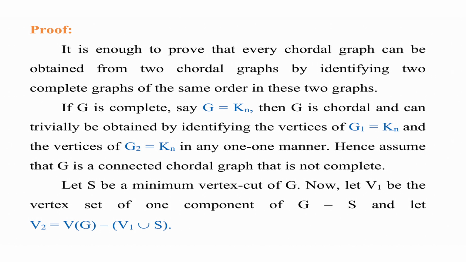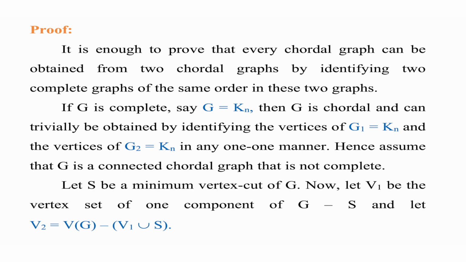If G is complete, let me say that is Kn, then G is chordal, since every complete graph is a chordal graph and can trivially be obtained by identifying the vertices of G1, that is equal to Kn, and the vertices of G2, that is also equal to Kn, in any one-to-one manner.